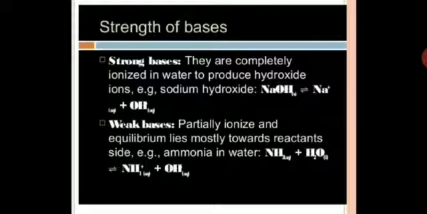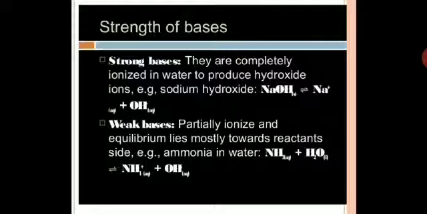Weak bases will partially dissociate and give very few OH minus ions, like ammonium hydroxide. NH4OH is a weak base. Ammonium hydroxide will feebly dissociate. Feebly means very little amount of OH minus ions.